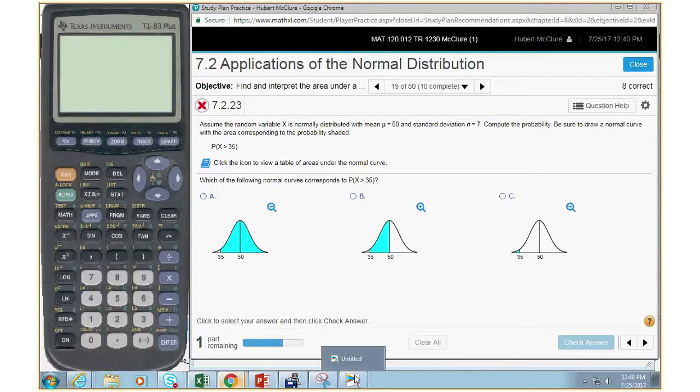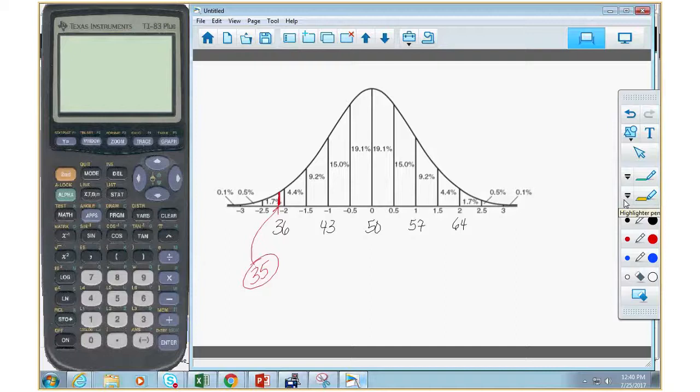Now, when you're talking about greater than, what's another word than greater than? More than? Larger. When you see those words right there, you're talking about the right-hand side.